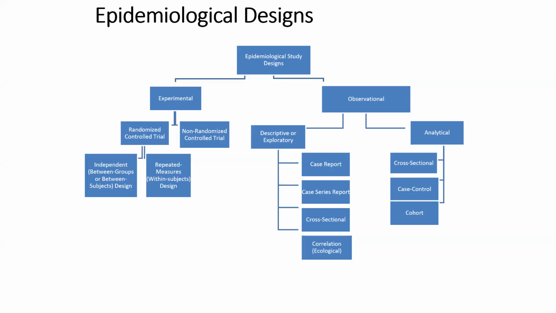Cohorts. People are selected into cohorts based on the presence or absence of the risk factor of interest. Back to our example of cigarette smoking and lung cancer. If you're going to do a cohort study to see the association between cigarette smoking and lung cancer, you will select people into 2 groups.